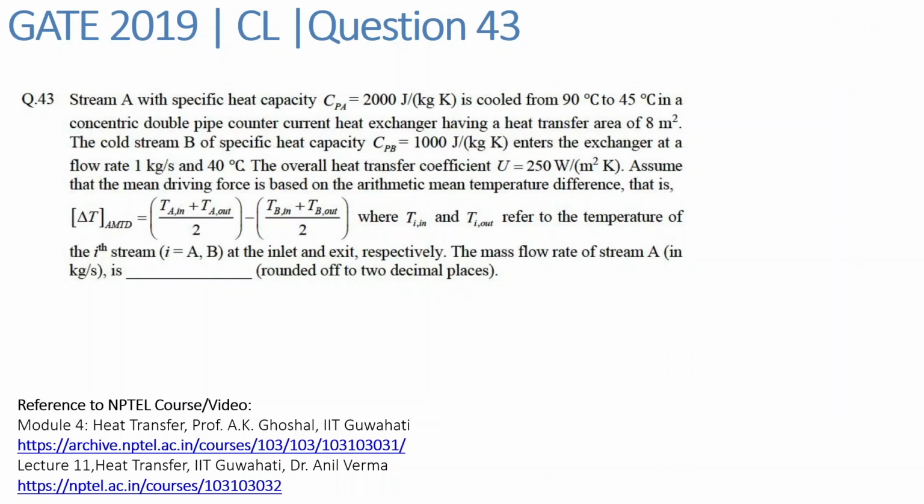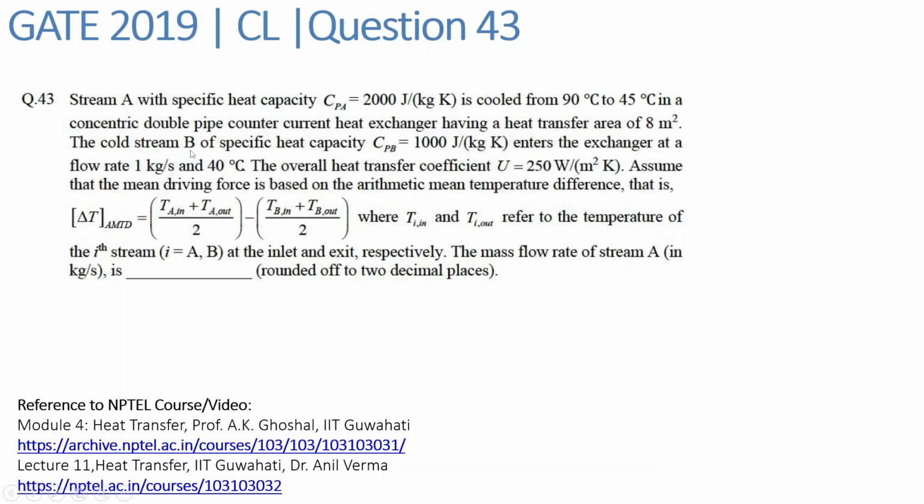Hello everyone. We will be solving question 43 of the GATE Chemical Engineering paper from 2019. And the question is, stream A with specific heat capacity CPA of 2000 joule per kg Kelvin is cooled from 90 to 45 degrees Celsius in a concentric double pipe countercurrent heat exchanger having a heat transfer area of 8 meters square.